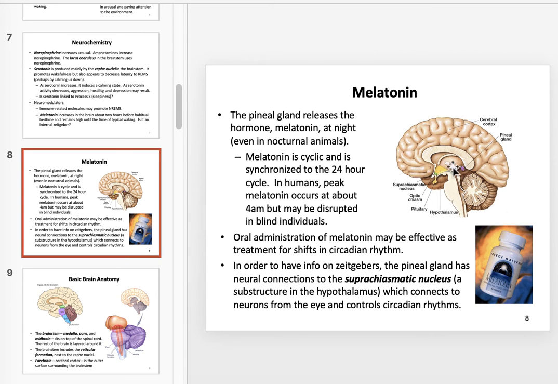And so it makes sense that neurons coming from the eye go through this brainstem, middle of your brain area, and in fact we have a substructure in the hypothalamus called the suprachiasmatic nucleus, and all that means is it's a smaller structure, a nucleus within the hypothalamus, and its neurons connect to the eye and we think help control circadian rhythms.